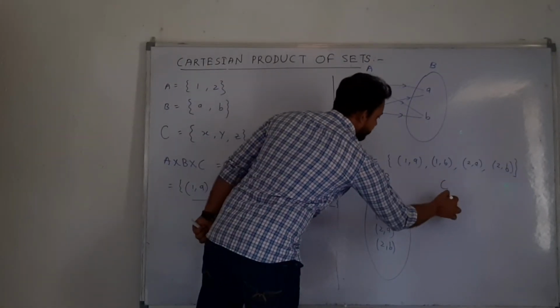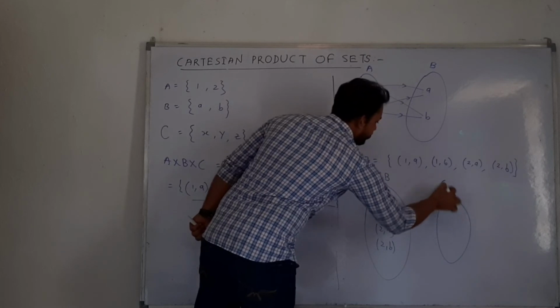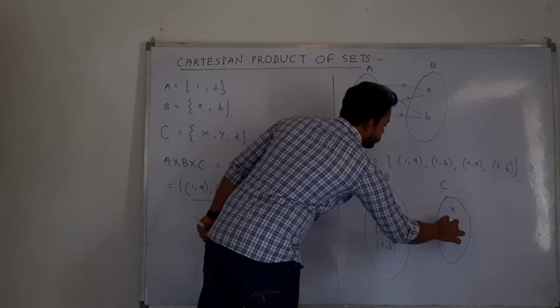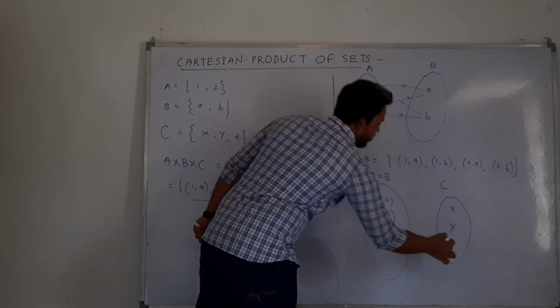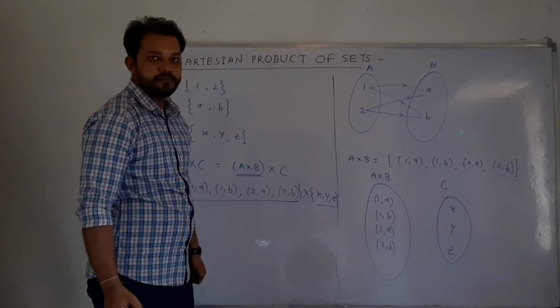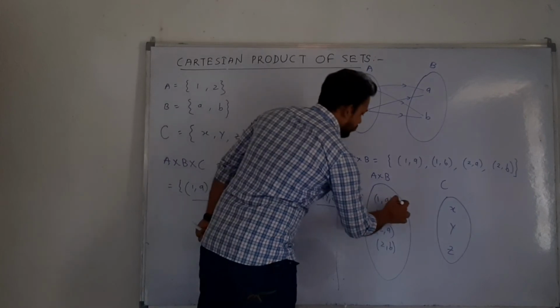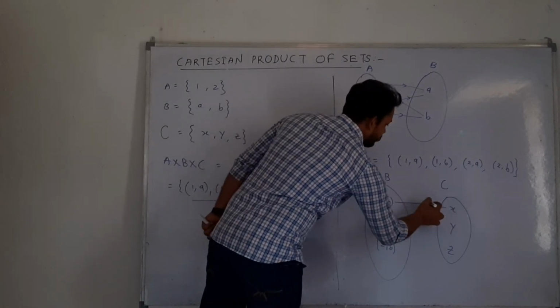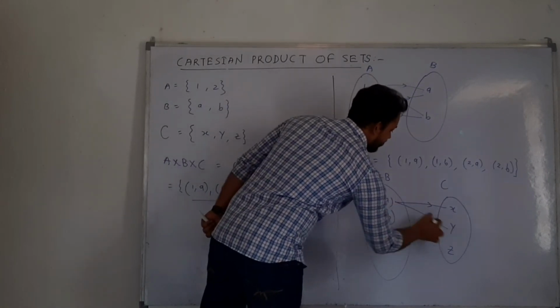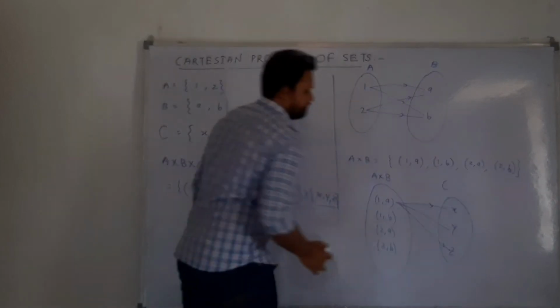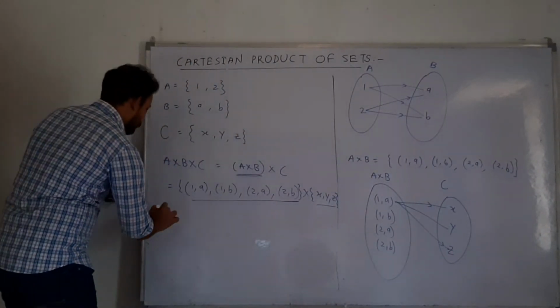The other set we have is C, and the elements of this set are x, y, z. Then let's do the cross product: first element to x, then y, then z. So we got the elements.